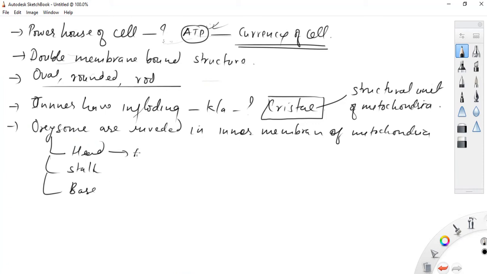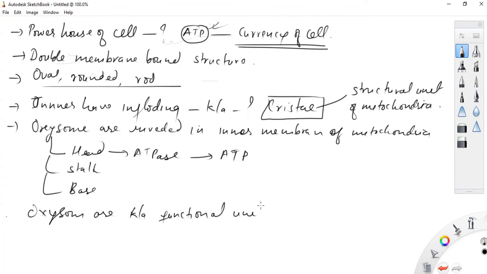Here we have the ATPase enzyme which synthesizes ATP molecules. And oxysomes are known as the functional unit of mitochondria.